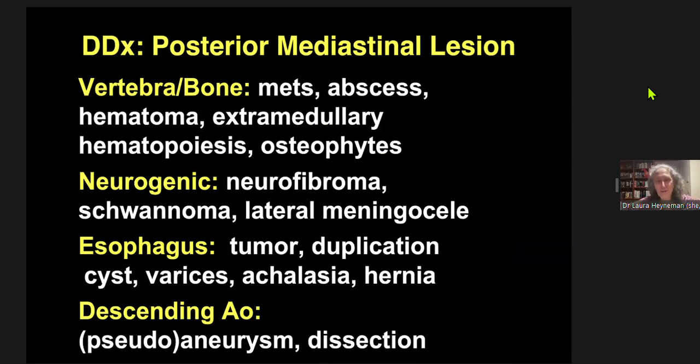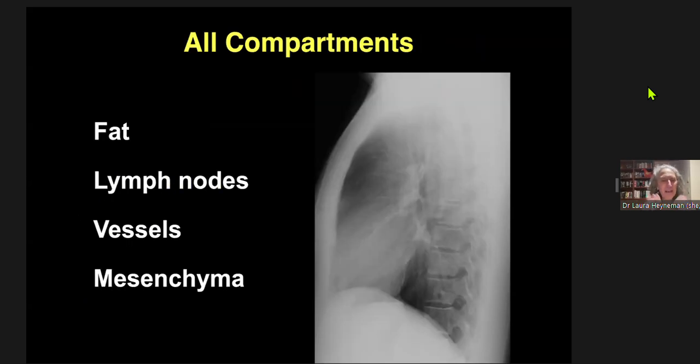So, we can then figure out what to include as potential pathologies based on lesions that can occur to the vertebral body, the bones of the spine, the nerves that come out of the spinal canal, the esophagus, and the descending thoracic aorta.